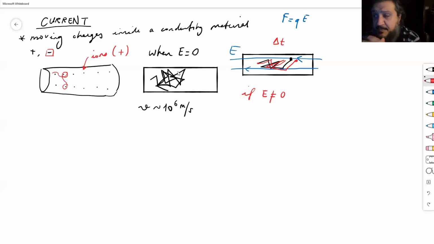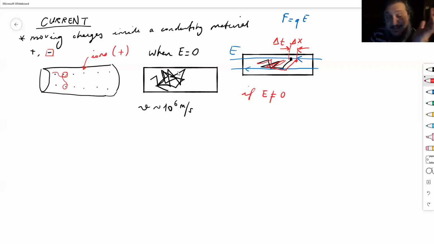Okay, so this kind of motion happens in delta t, right? So the distance traveled in that delta t time interval, instead of ending up here, it ends up here. So this small change is delta x, okay?